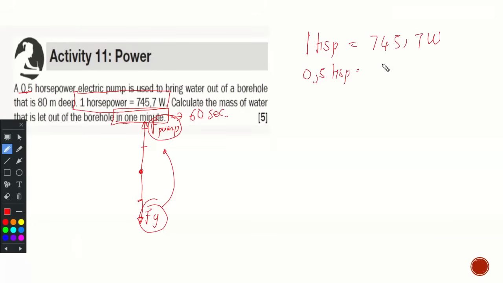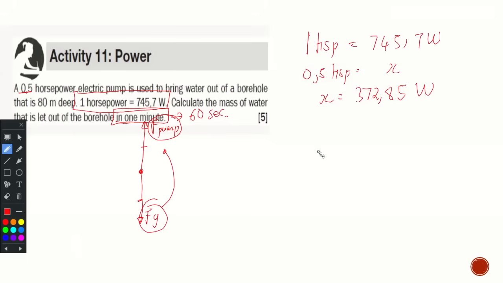It's just a matter of cross multiplying. 745.7 multiplied by 0.5 gives us 372.85 watts, right? So 0.5 horsepower gives us half of the power.